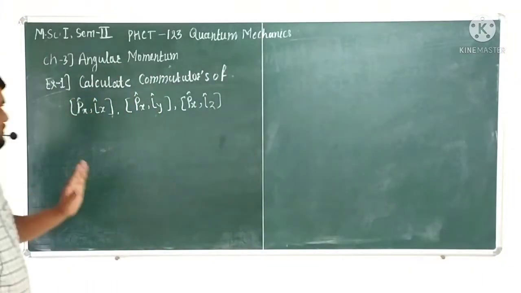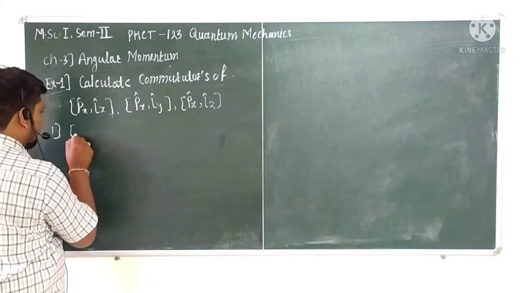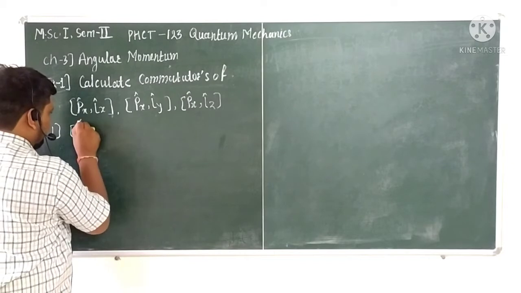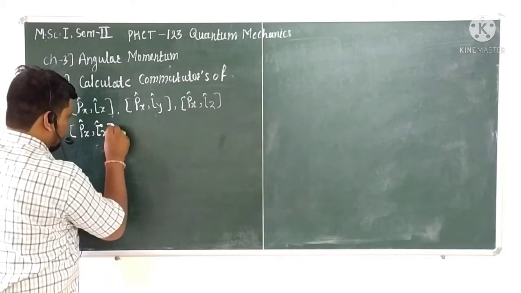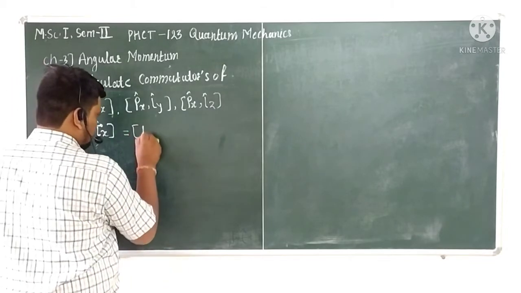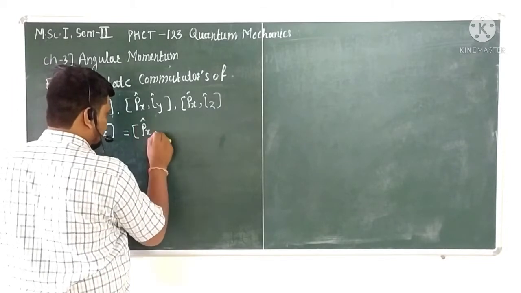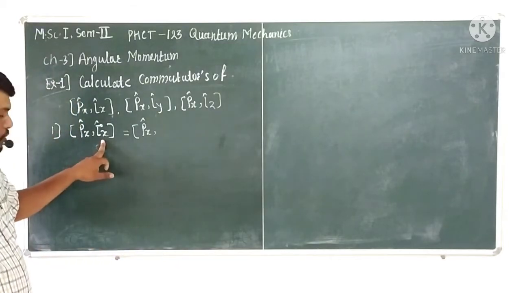So the first one taken here is px cap comma lx cap. If you solve this, this px cap is as it is, comma this lx cap, so we have to know that property.